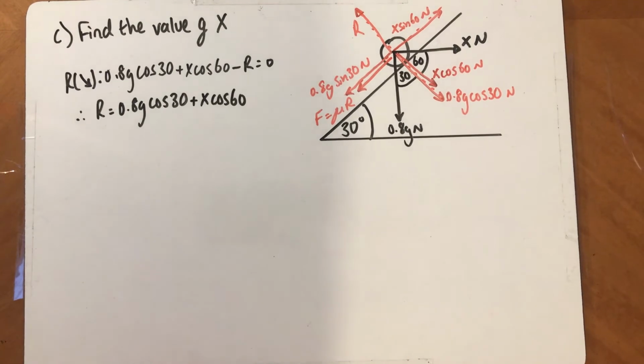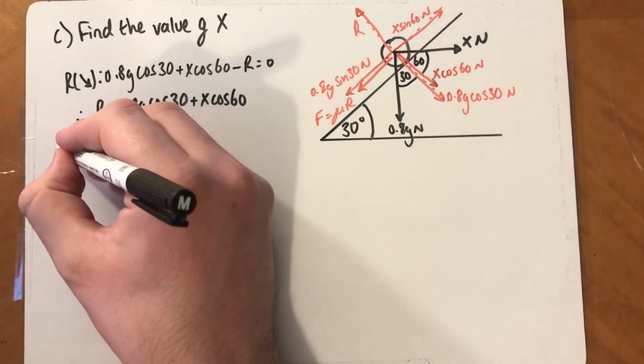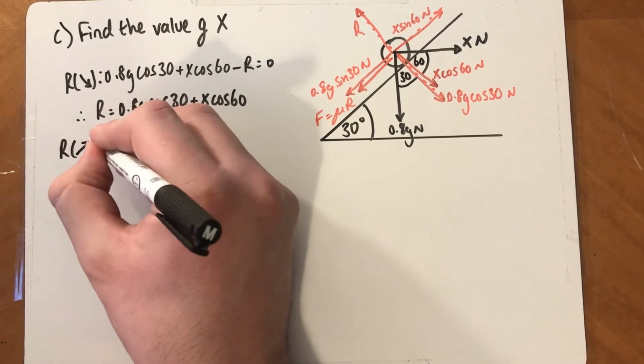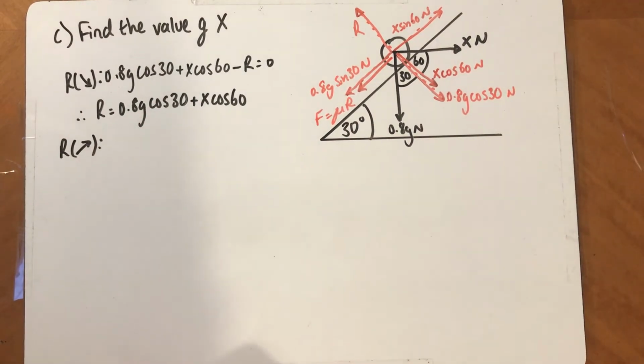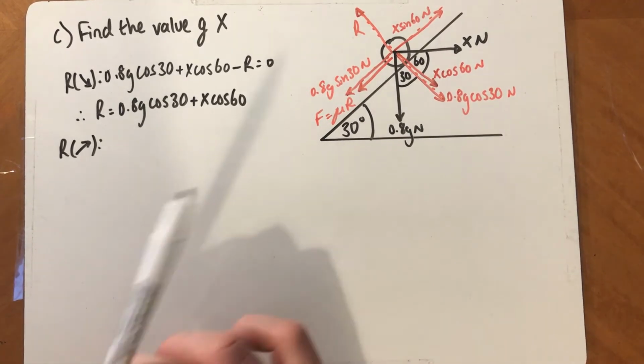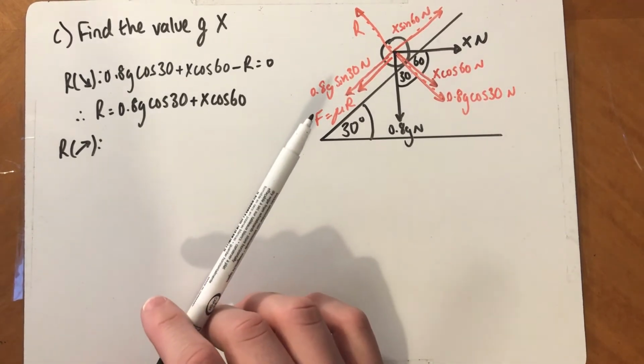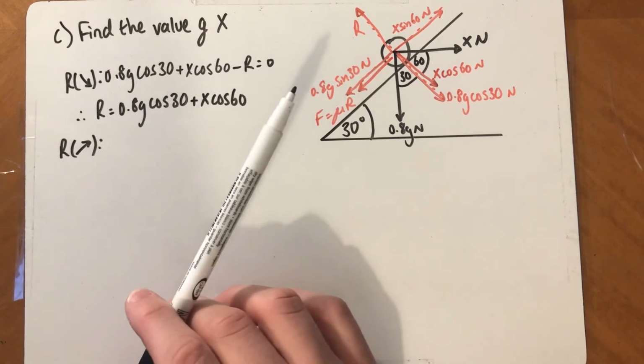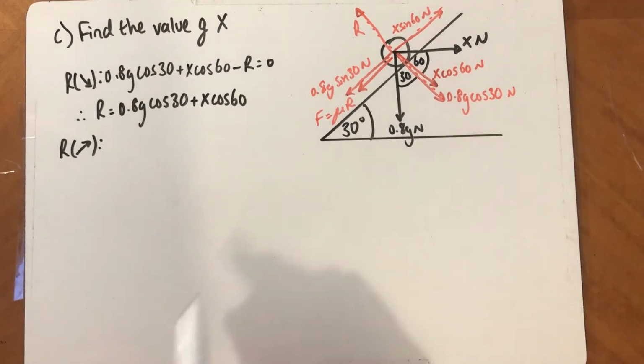What I can do now is resolve up the plane. Like in the previous question, it's always advisable, doesn't have to be a must, but I like to always resolve in the direction of the movement or of the attempted moving. So the particle is just about to move up the plane, so I'm going to resolve in that direction as well.